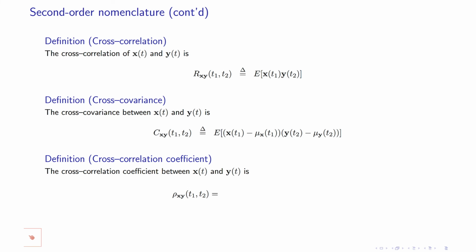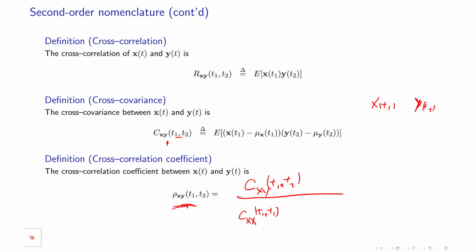So the cross-correlation coefficient, the difference between this one and the cross-covariance is that this coefficient is a normalization of this one. So it is equal to the same thing, Cxy of t1, t2. It's like you have two random variables. One of the random variables is x at time t1. The second random variable is y at time t2. It's like a correlation coefficient of these two random variables, divided by Cxx at time t1 and t1, and then Cyy of t2 and t2, but with a square root over that.